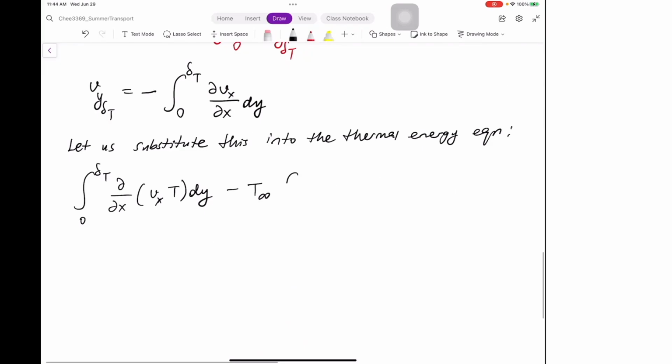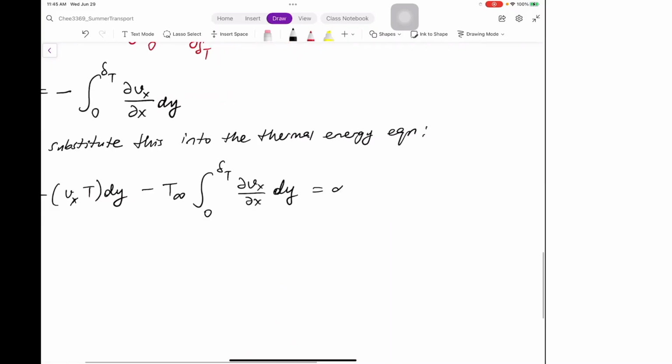T infinity times integral 0 to delta t del Vx over del x dy is equal to alpha integral 0 to delta t del t over del y.